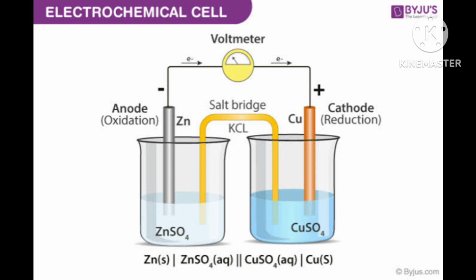And on the anode side, the zinc side, the electron was more, it was oxidizing fast. That's why this anode became negative, because on the surface electrons were there, and they have more tendency to lose the electron in comparison to copper.